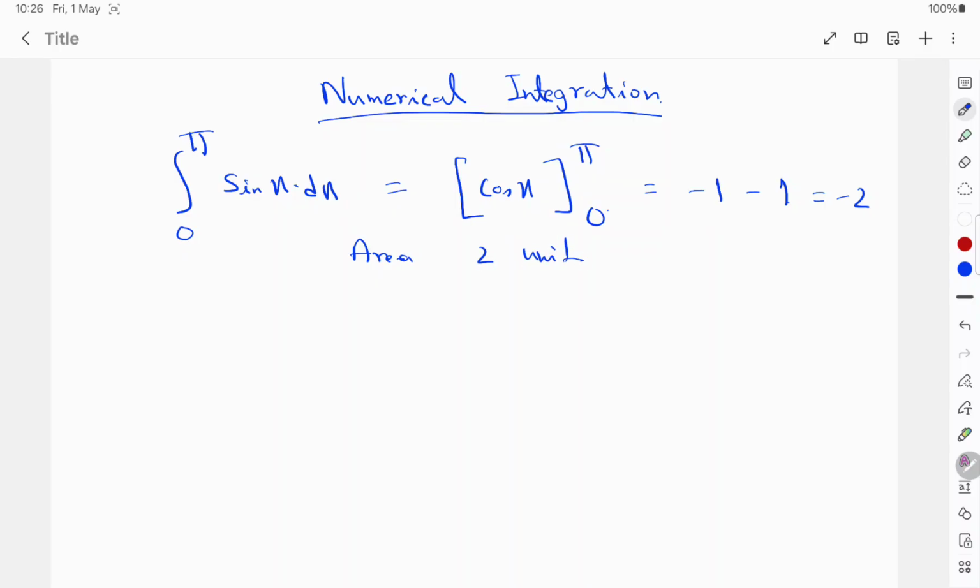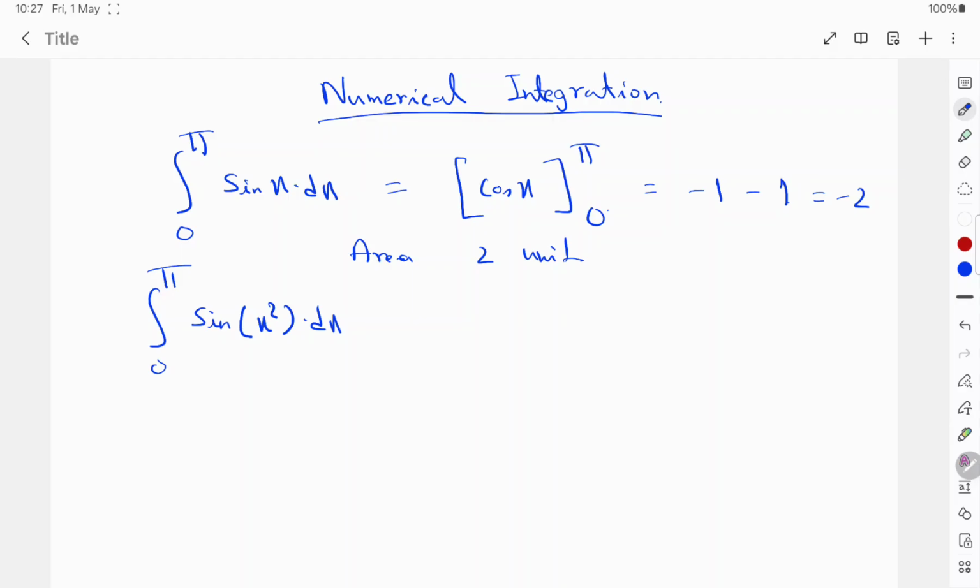Now it depends on whether your function is integrable or not, right? For example, instead of this one, if I give you the integral of sin of x square dx, obviously this function is bounded in this range, so it has some value, but we cannot integrate it, right? So here we have to take the help of numerical integration.